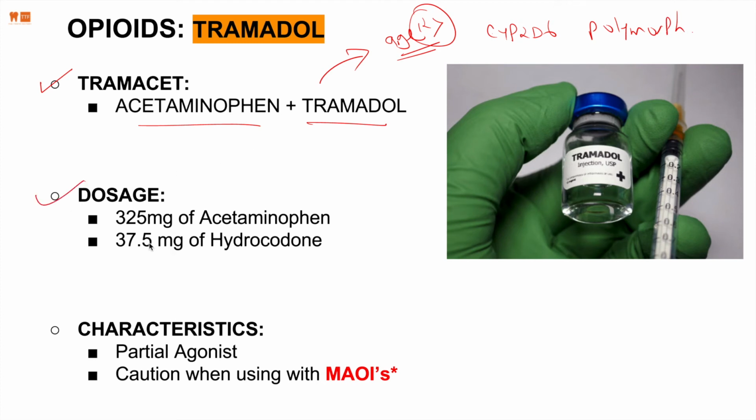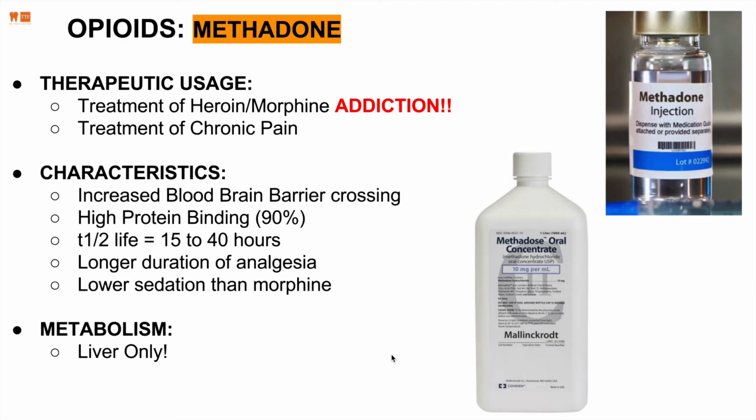And the dosage is 325 milligrams of acetaminophen with 37.5 milligrams of tramadol. Characteristics are partial agonist effect. Caution when using with MAOs. Remember, again, we kept talking about the MAOs here, the monoamine oxidase inhibitors. We'll talk about it in a little bit right here.